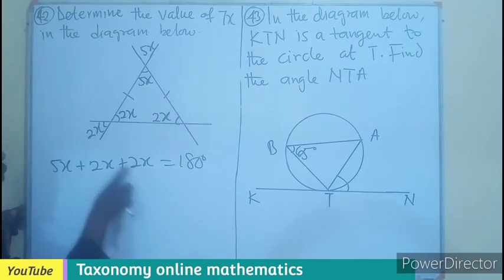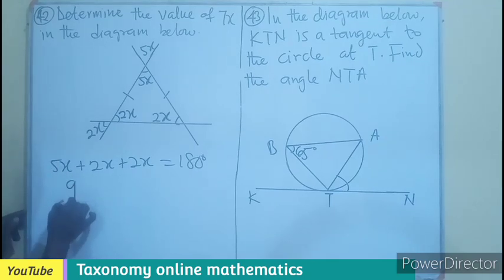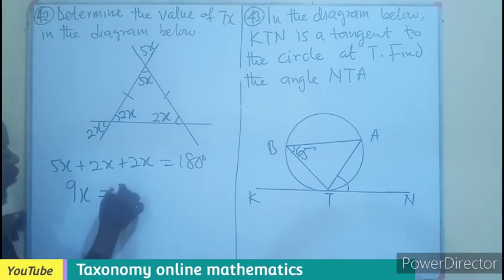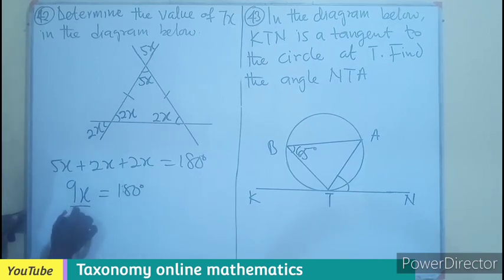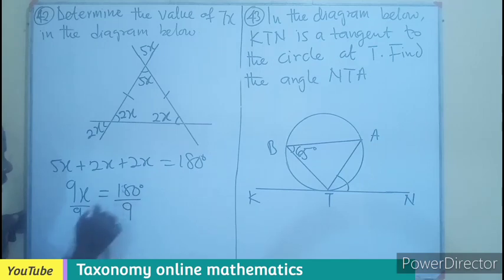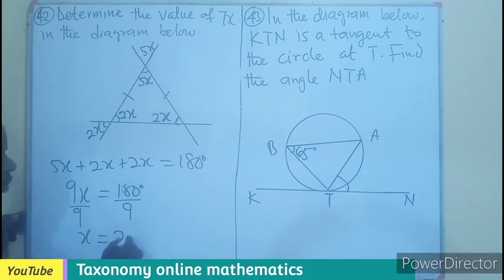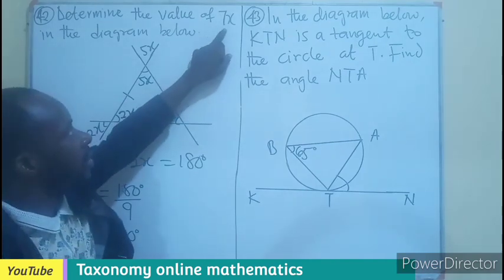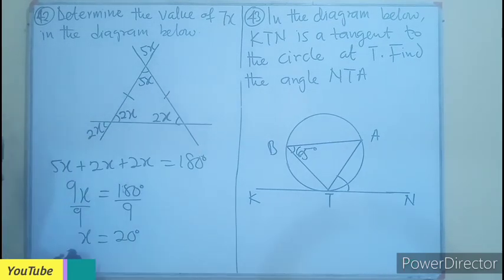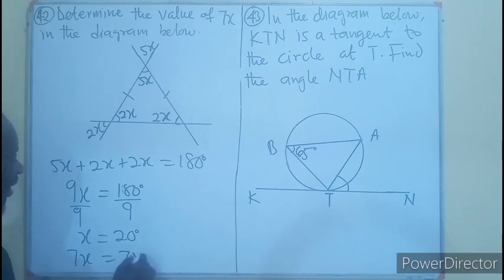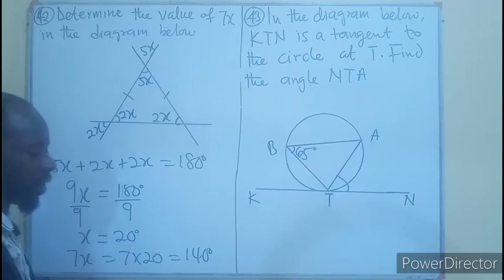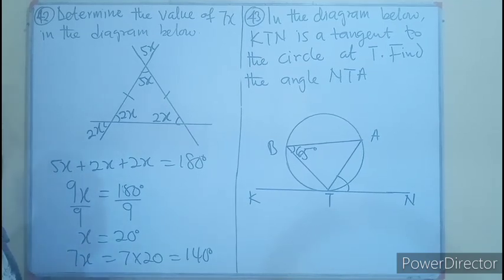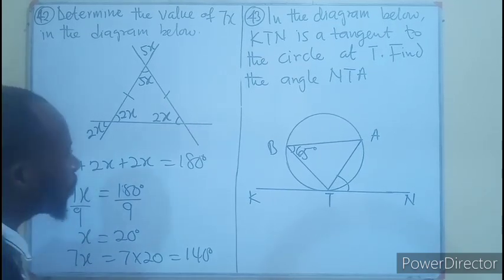So 2 plus 2 plus 5 will be 9x equals to 180 degrees divided by 9 as the coefficient, and that gives us x equals what? 20 degrees. But we are looking for 7x. So your 7x will just be 7 times x, which now become what? 140 degree. And that will have been the option E on the question paper.